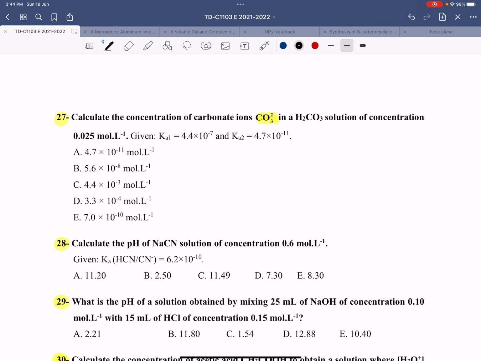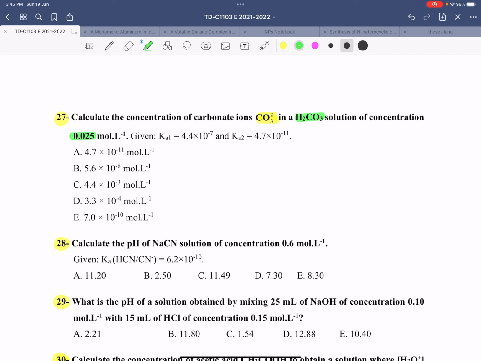Calculate the concentration of carbonate ions in an H2CO3 solution of concentration 0.025. Pay attention to the question. The question says that in your solution you have H2CO3, which is the acid, and this acid has a concentration of 0.025. And now you have to find the concentration of CO3 2 minus.